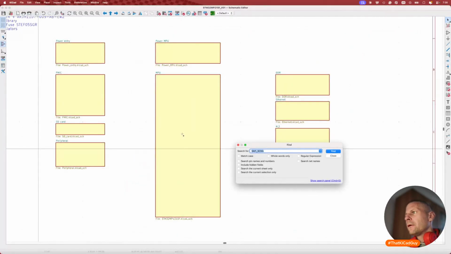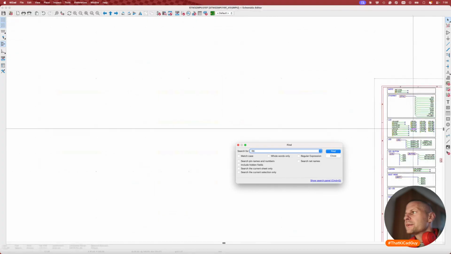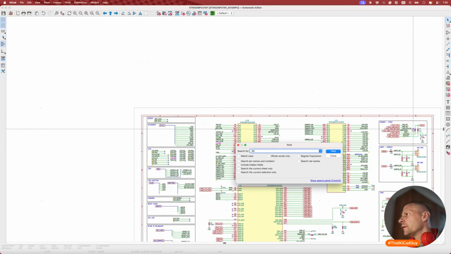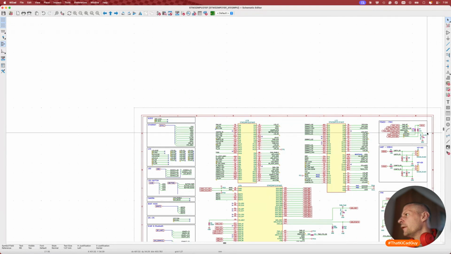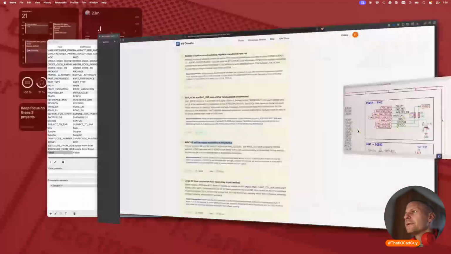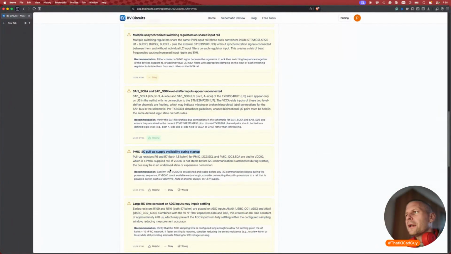R6, here. Yes, they are tied to VDD, which is a PMIC supply rail.